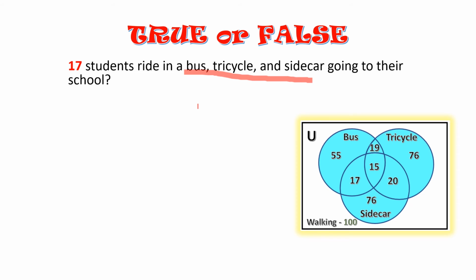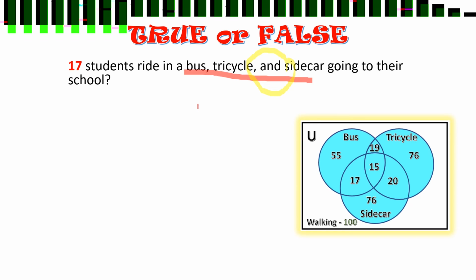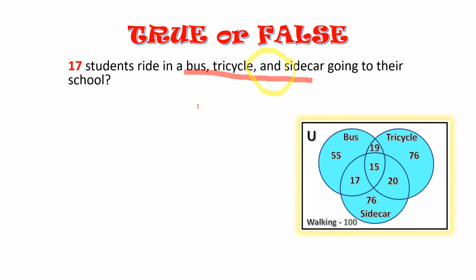So, as you can notice, ang key term natin dito is the word and. And when we hear the word and, it represents intersection. So, ano daw ang intersection ng bus, ng tricycle, at the same time ng sidecar? Kumbaga, sa previous example natin, all three. Dapat may bus, may tricycle, and may sidecar. Is it 17 na nandito sa part na to? But the 17, as you can notice, nasa part lang siya ni set bus.